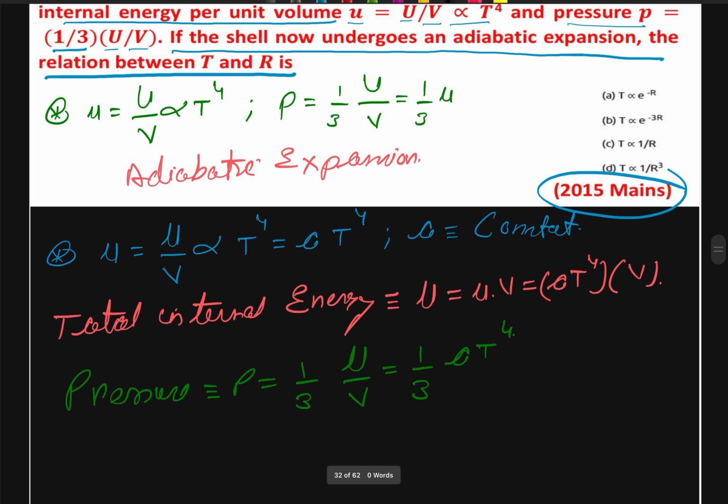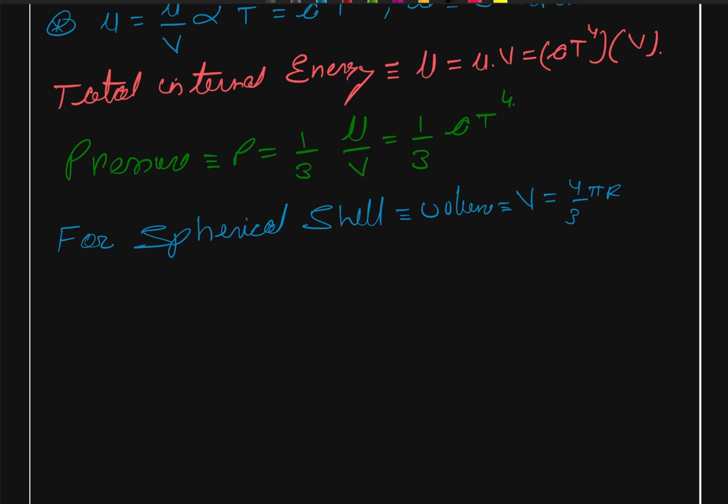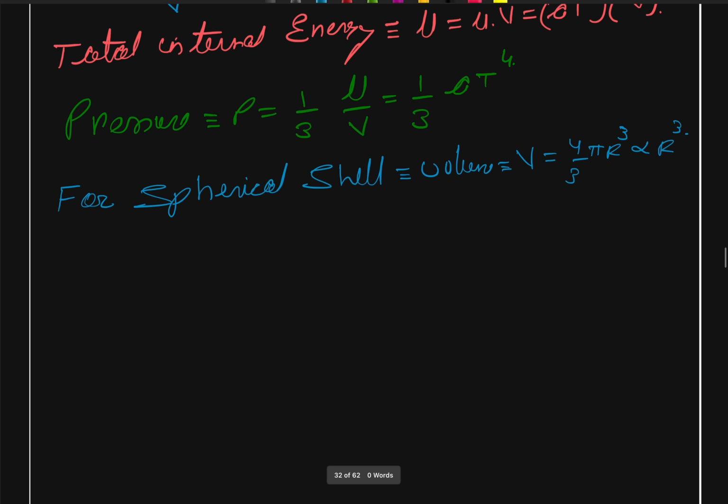And basically it is a spherical shell, so we can say the volume V is equal to 4 by 3 pi r cube, or we can say it is proportional to r cube. And we are having an adiabatic process.